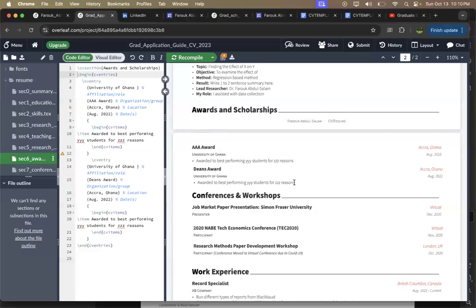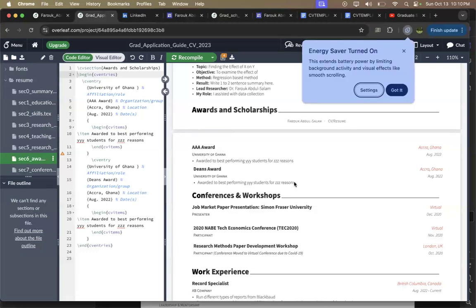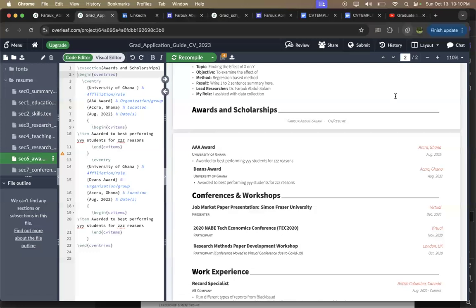Yeah, so I think what I'll add is that adding the award part is very, very important if you happen to win some award. And you should be careful about the type of award that you put there, because you are looking for admission to a graduate program. So if you've won an award that is not related to academics, I don't really think it is necessary to put it there. So all your awards should be related to academics.